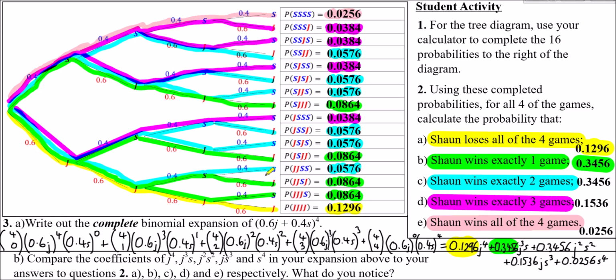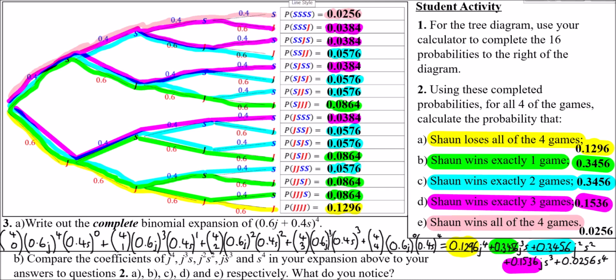The coefficient of j squared s squared is 0.3456, which is exactly what we had from part C. From part D, the coefficient of j s cubed is 0.1536. And again, as you can probably guess, it's exactly the same thing.